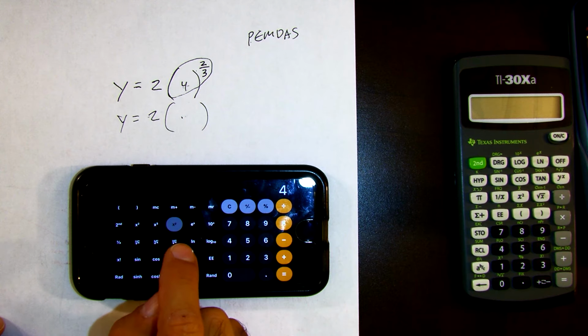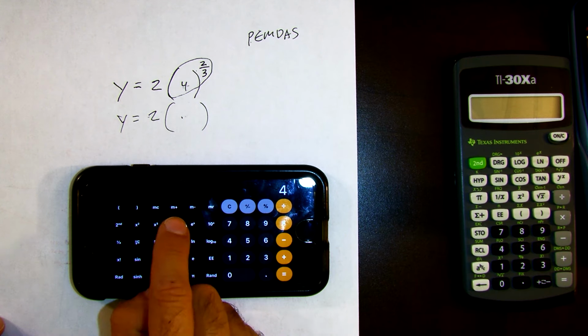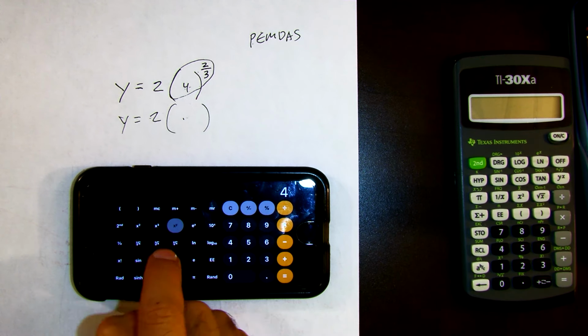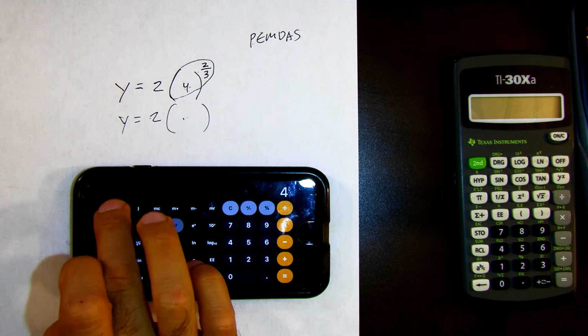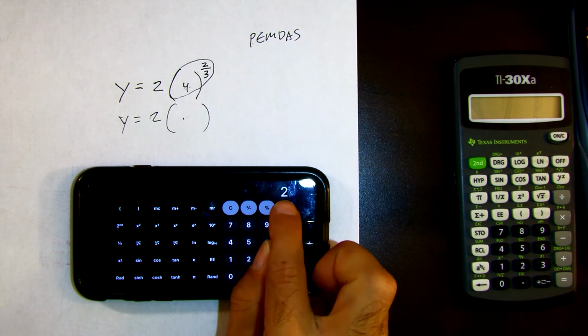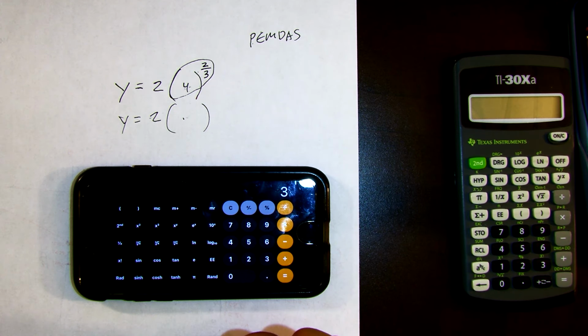Now I am inputting. Once I push that button, from there on out, I am inputting what my exponent is. So we are looking at the exponent, and I'm going to put in this left parenthesis. I'm going to put in 2 divided by 3. That's my exponent. Remember, division is just a fraction. It's an aspect of a fraction.